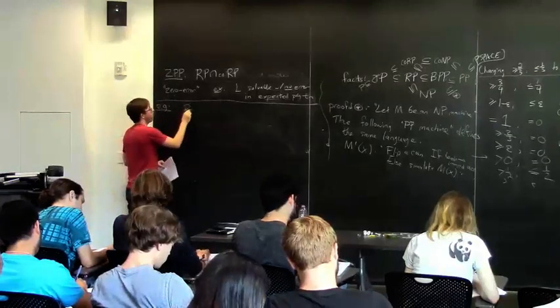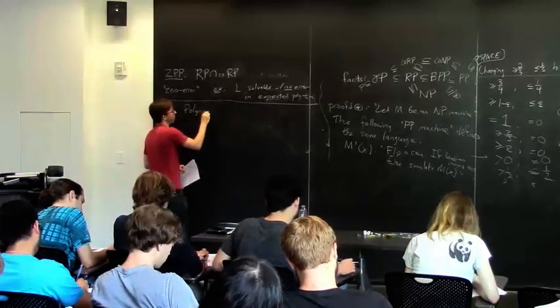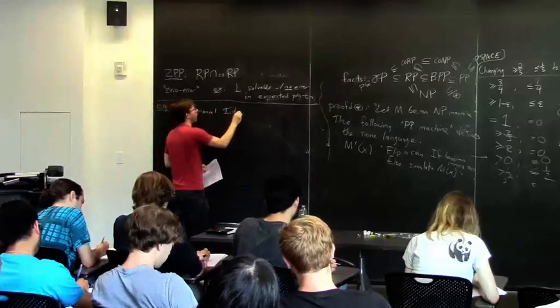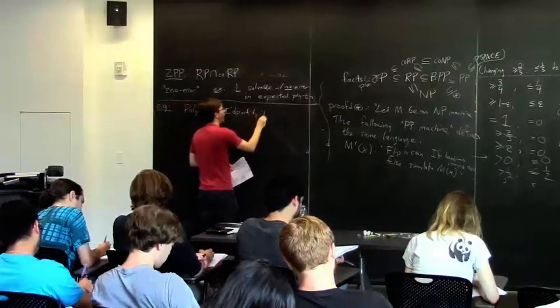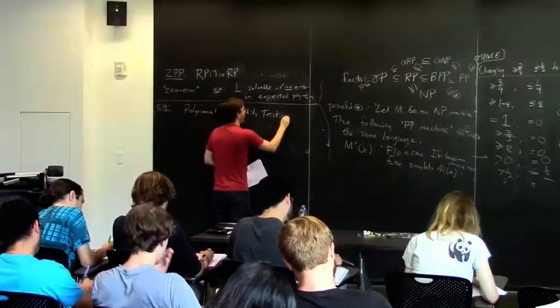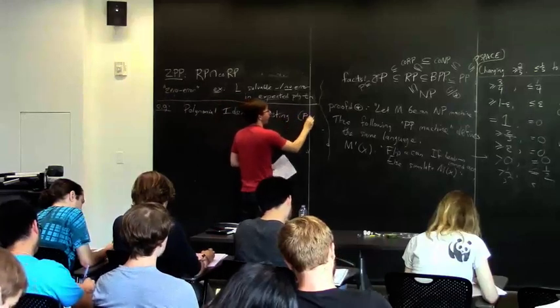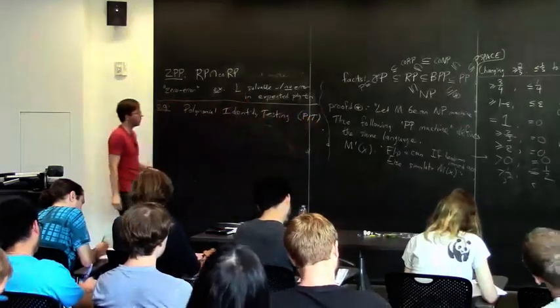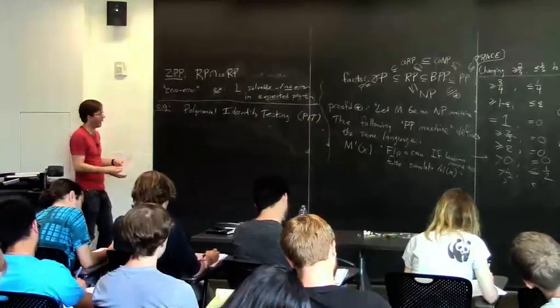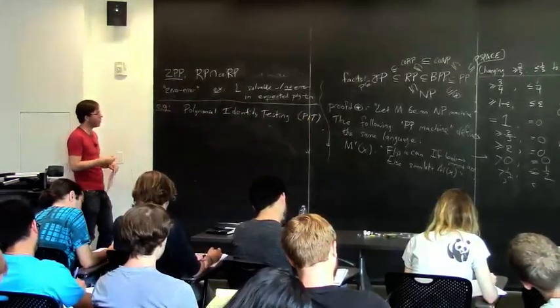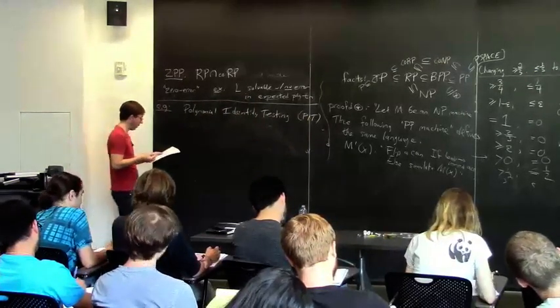It's called the polynomial identity testing problem. If you want to call it a language, people usually call it PIT. There are slightly different ways you can formulate it, but I'll just choose one here.